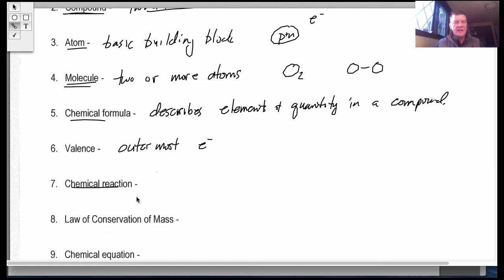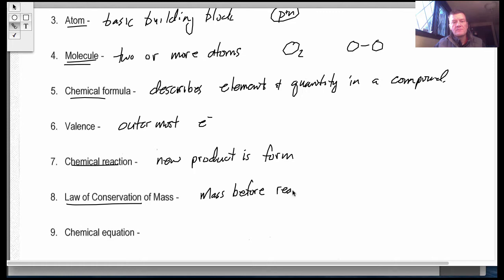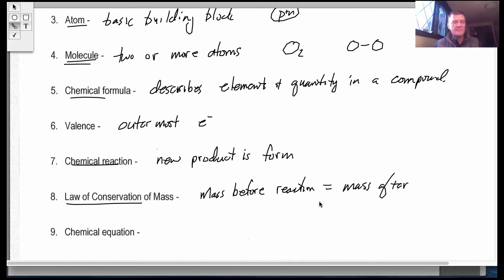A chemical reaction. Chemical reaction is when a new product is formed. And we're going to see some of the chemical reactions today. Law of conservation of mass basically is saying mass before the reaction must equal mass after. You cannot create or destroy matter.